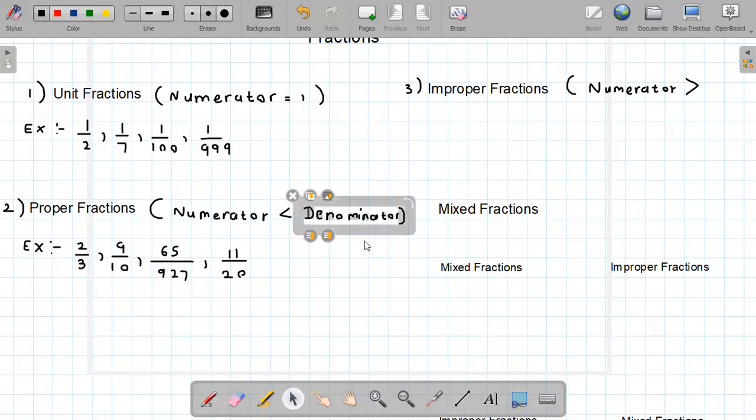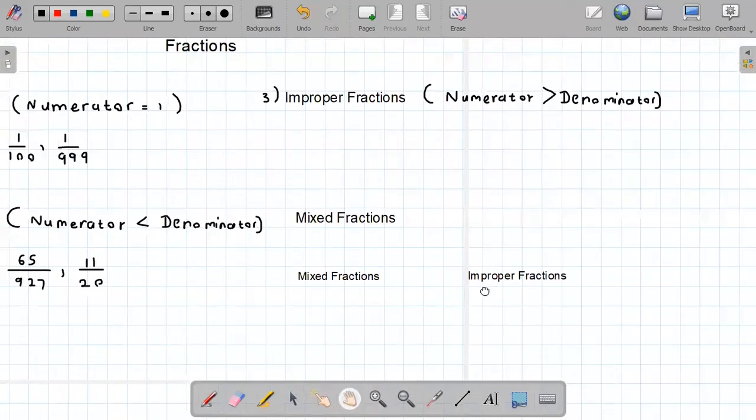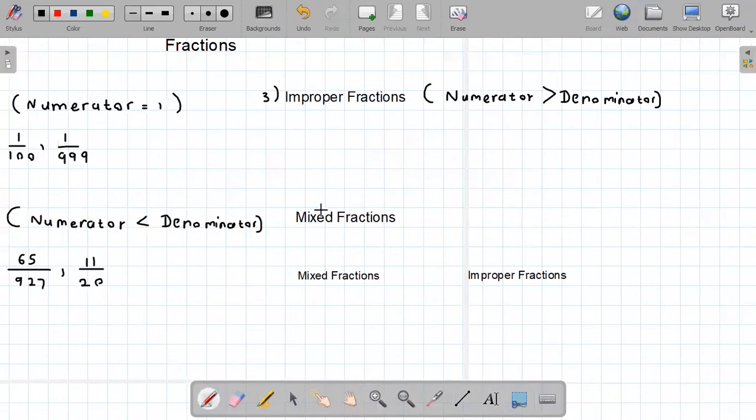I will copy it from here, right? Denominator, like this, right? So then we have to find some examples. I will give you some examples. What about this? 9/7. As you can see, numerator is higher than the denominator, right?